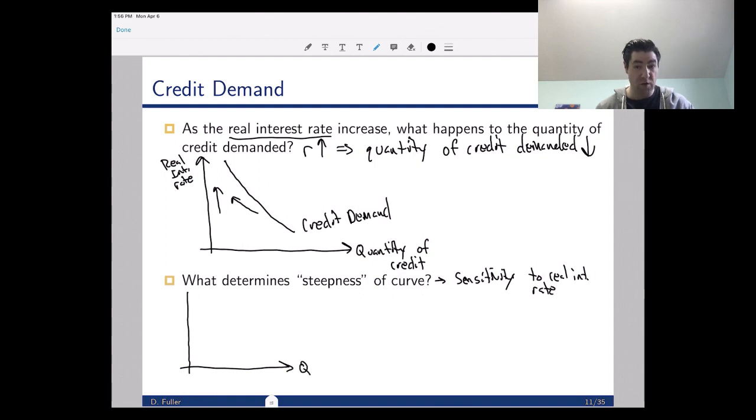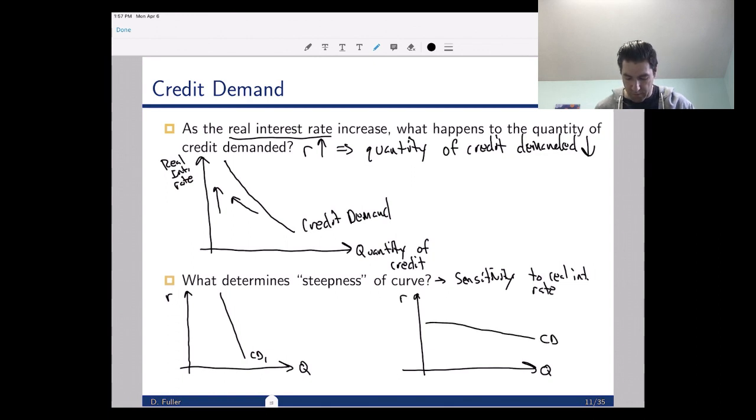I'm just going to call this Q, quantity of credit, and R, the real interest rate. I'll draw 2 extreme examples. So here's credit demand 1, and another option is much flatter. Call that credit demand 2.